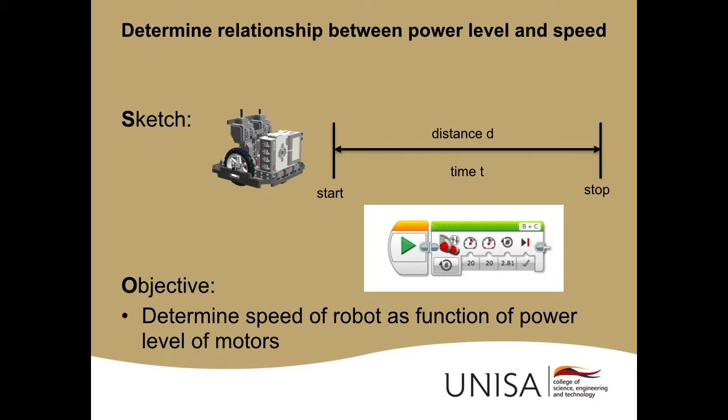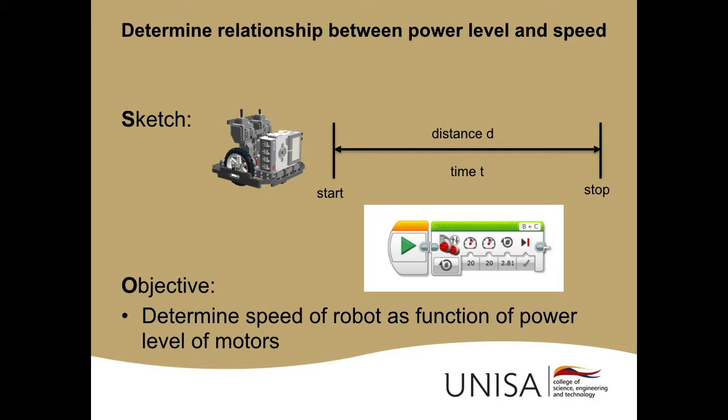At the moment the power is set to 20 for both of the motors, so the robot will go straight, and it moves at the moment exactly from the start to the stop line. So in my sketch, I have my robot, and then again I have a start and a stop line, and it's not easy to measure speed directly.